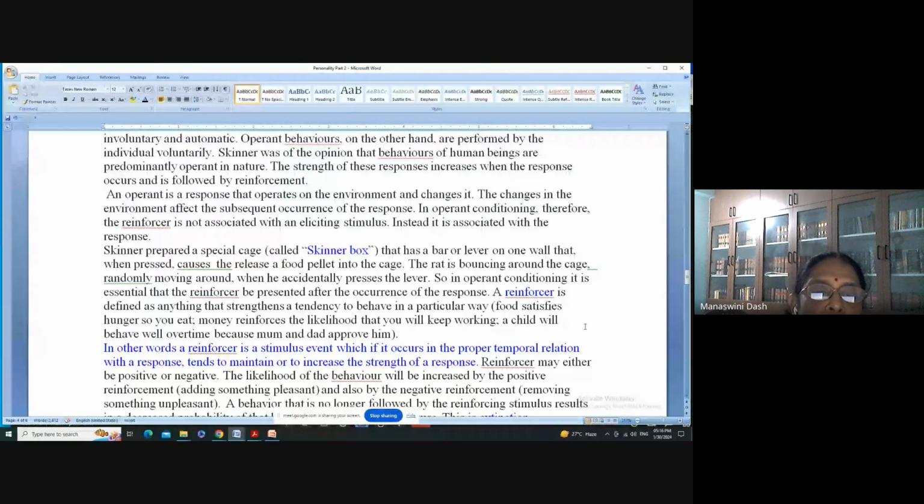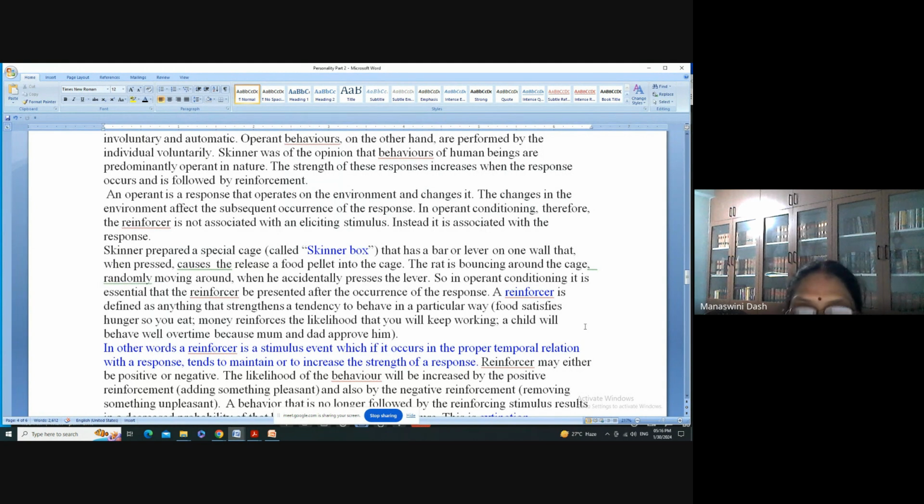In other words, a reinforcer is a stimulus event which, if it occurs in the proper temporal relation with a response, tends to maintain or to increase the strength of the response. So if the stimulus event in relation to a response can maintain or increase the strength of a response, we can say that the stimulus event is a reinforcer.